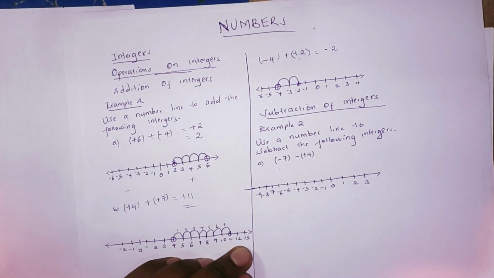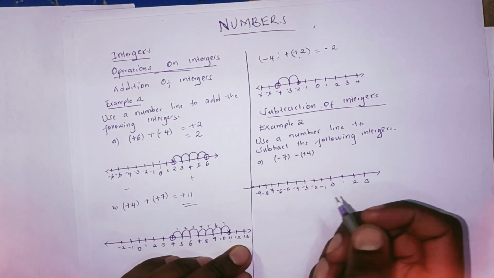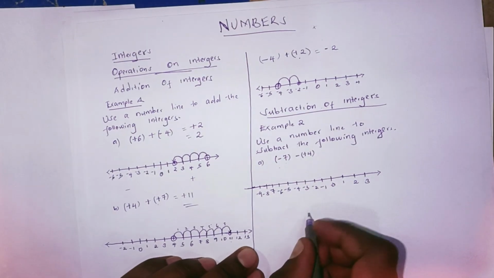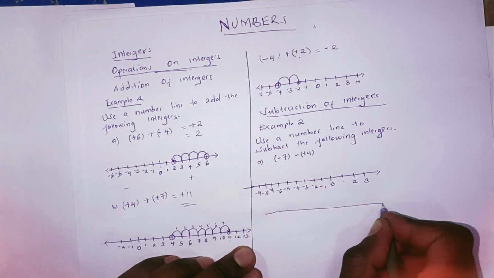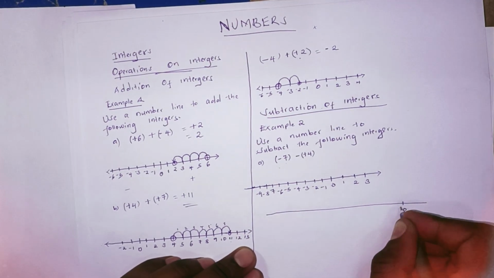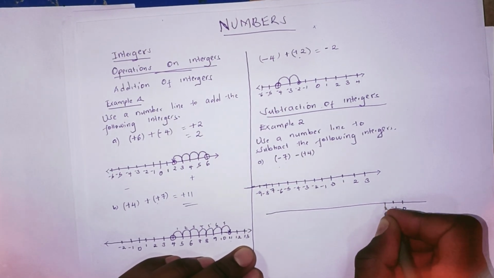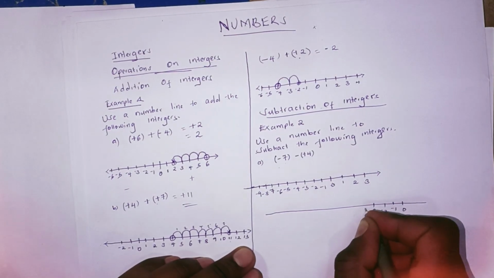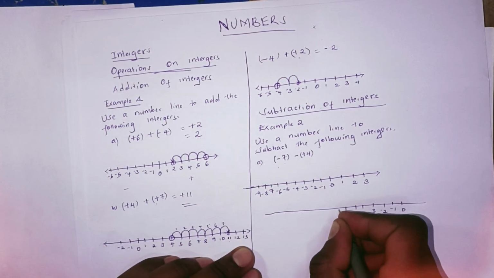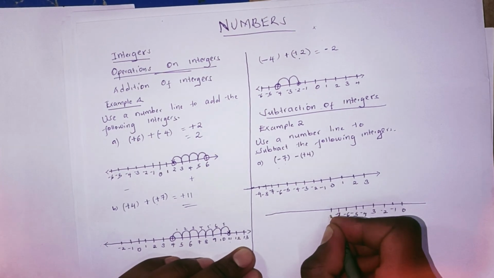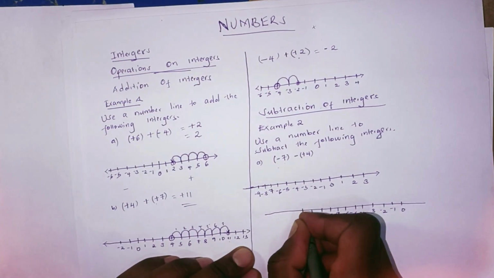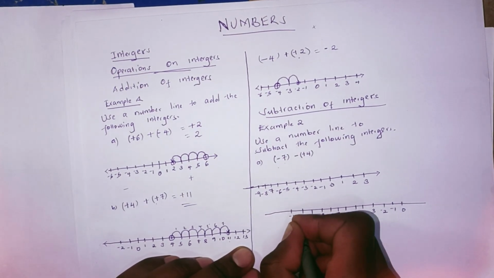I've drawn just a small number line. Let me redraw it here because of the space. Then I'll write 0, negative 1, negative 2, negative 3, negative 4, negative 5, negative 6, negative 7, negative 8, negative 9, negative 10, negative 11, negative 12.